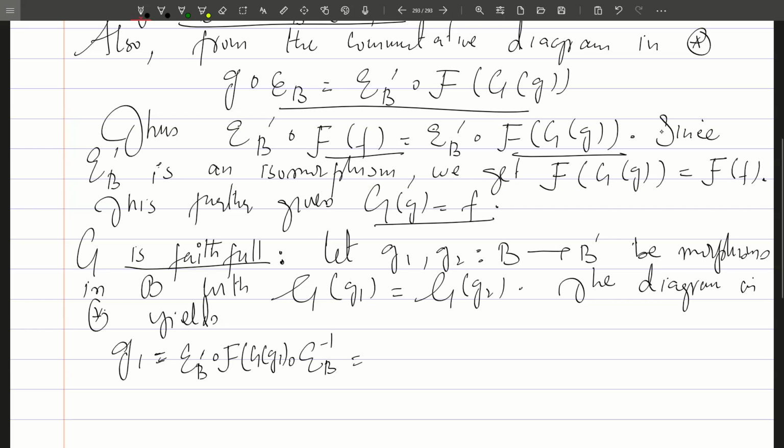Now f being injective, if they are equal, then f of g1 is the same as f of g2 because f is injective. So two same points have the same image. That means we can replace this f of g1 with f of g2. This is epsilon b prime composite with f of g2 composite with epsilon b inverse.